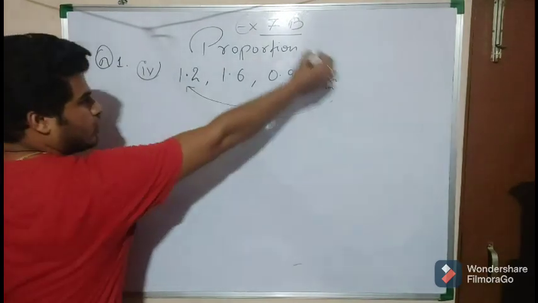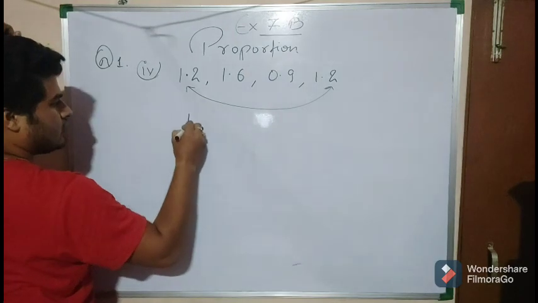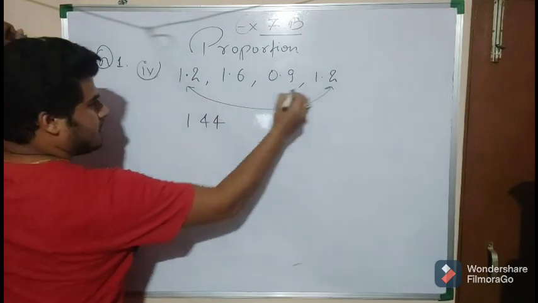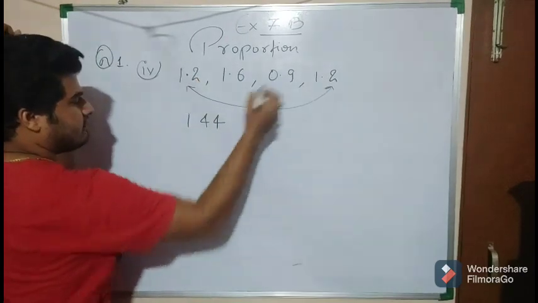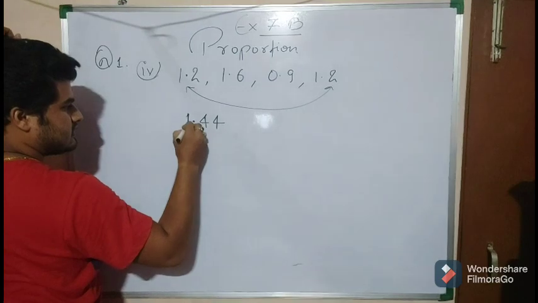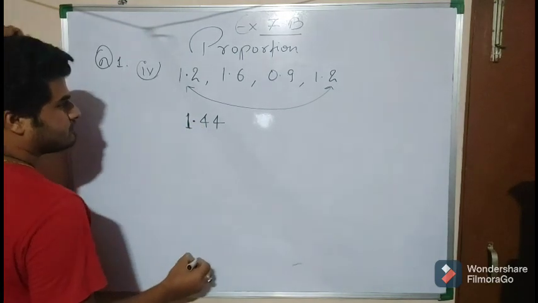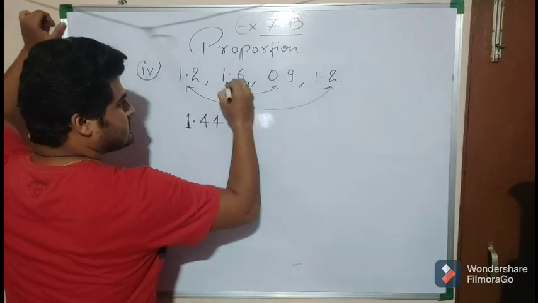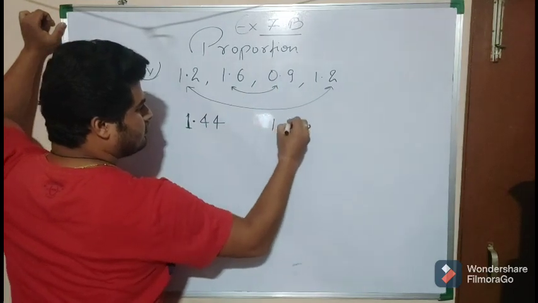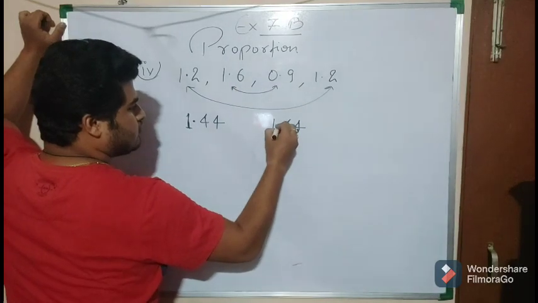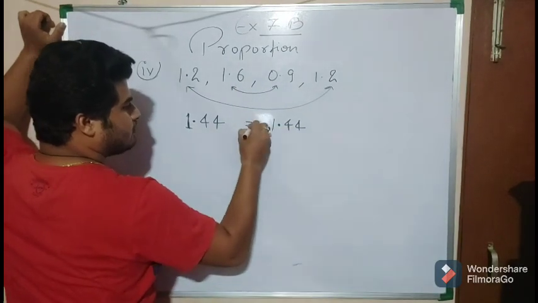So 12 into 12 is how much? 144. Counting the decimal places, place the point at the second place, so 1.44. And product of means, 16 nines are 144, again the point at two places. So 1.44 equals 1.44.